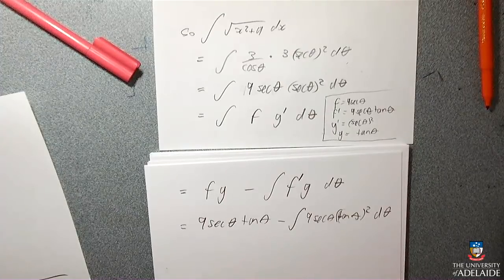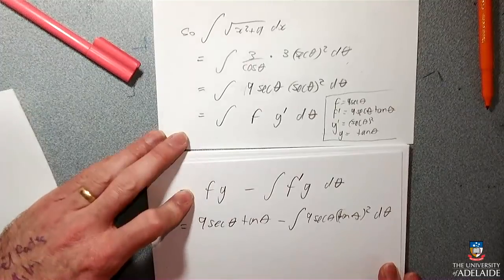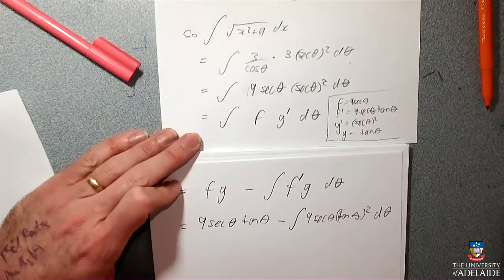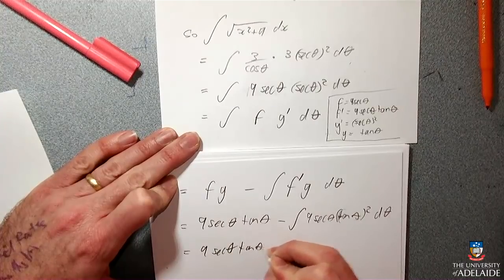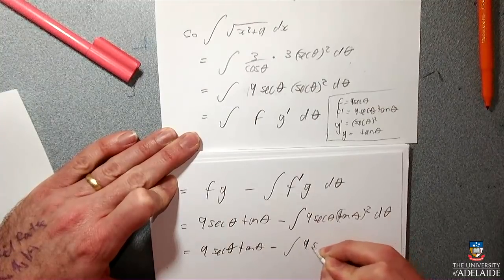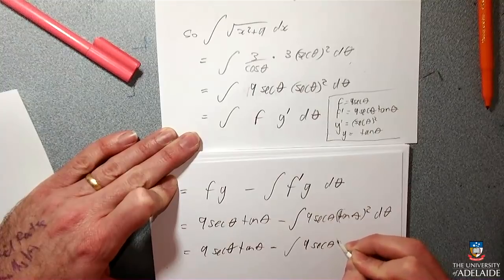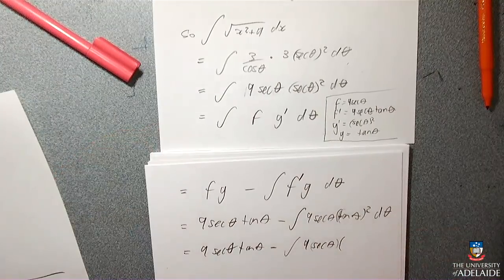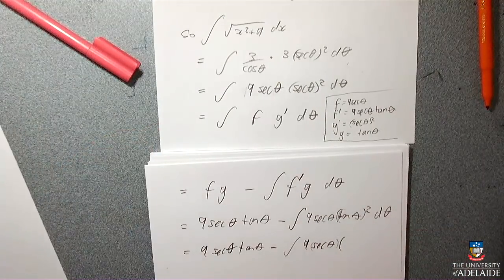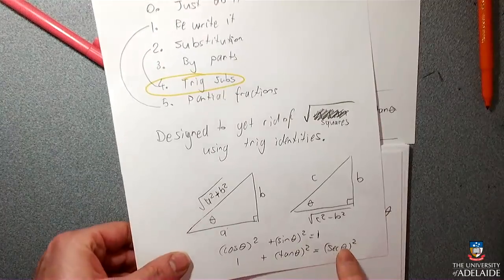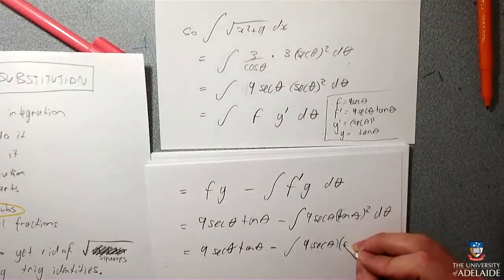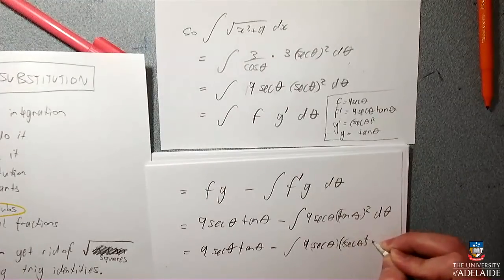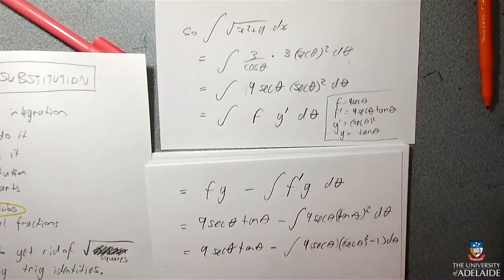Oh, look at this. Tan squared is sec squared minus 1. Why does that help, you say?